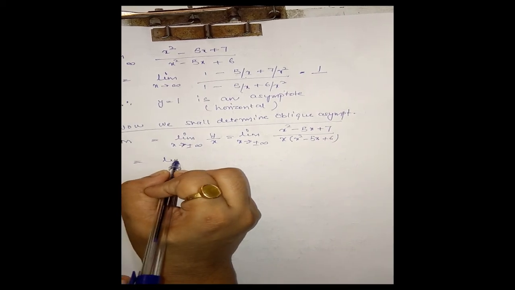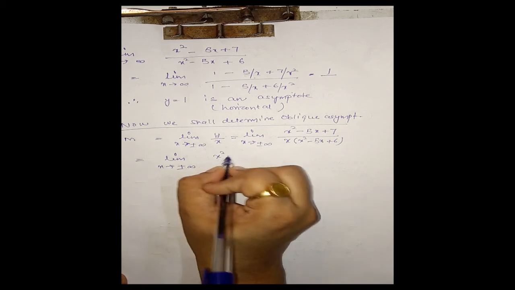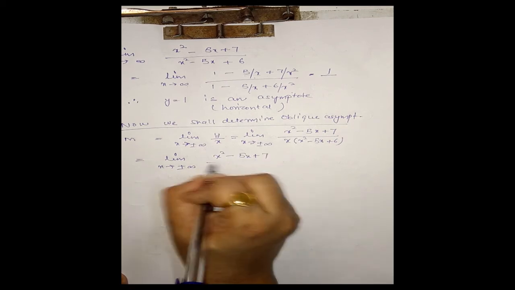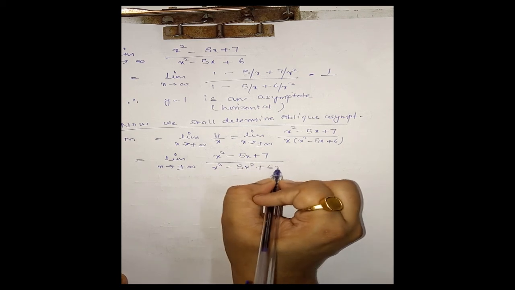That is, this is limit x tending to plus minus infinity (x square minus 5x plus 7) by (x cube minus 5x square plus 6x).